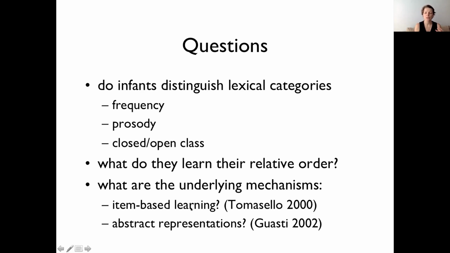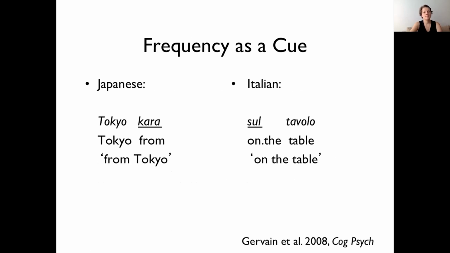If by contrast we find that really the knowledge of word order emerges only at an age when they start to have a lexicon, then that would support the other alternative. So this is why age will also be a crucial factor here.